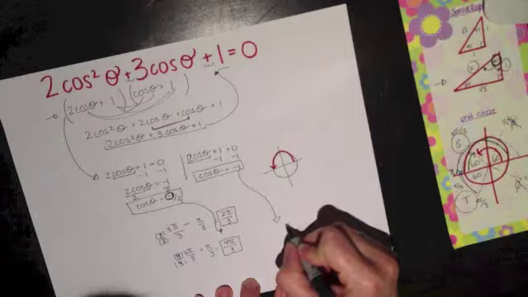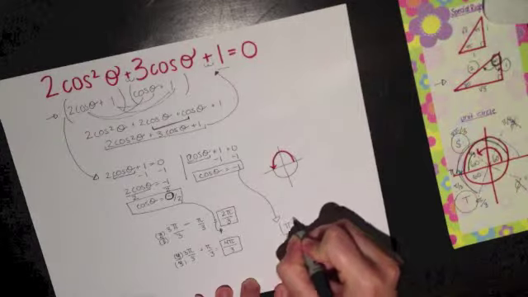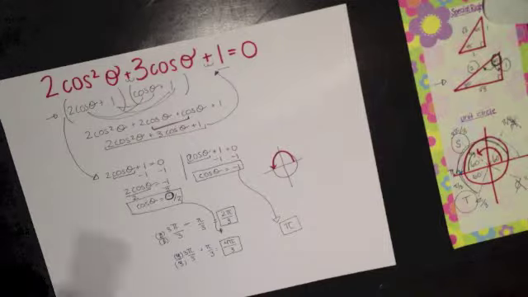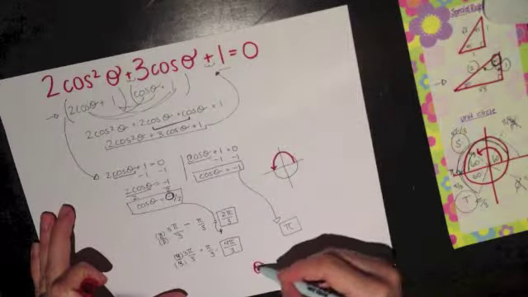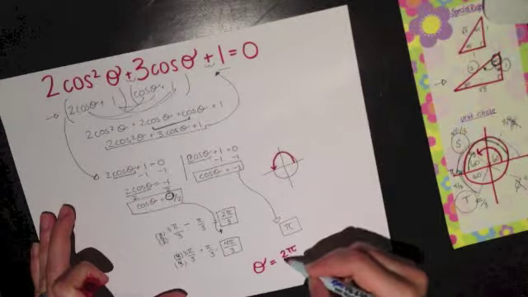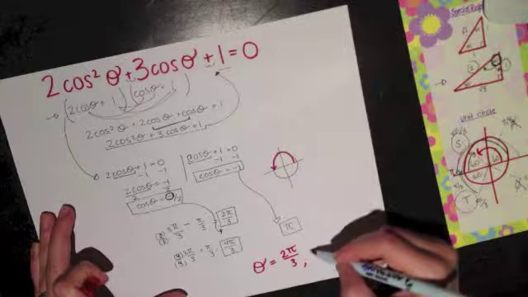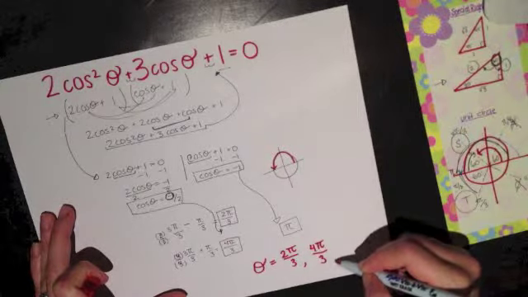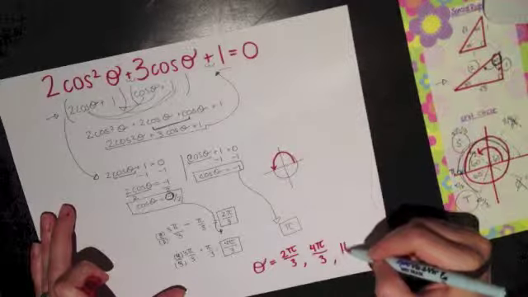So this is pi, and this is our third solution. So now we have our solutions: theta is equal to 2 pi over 3, 4 pi over 3, and pi.